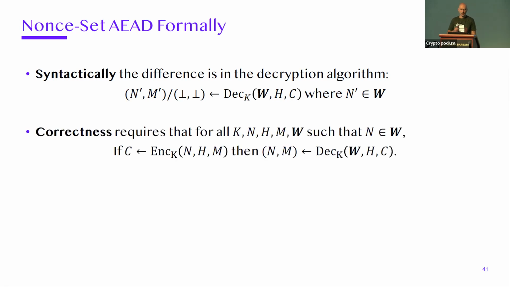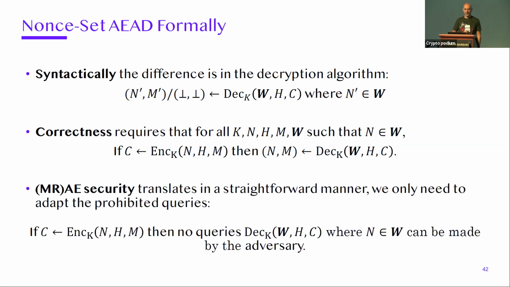Then we need to adapt correctness as follows. So correctness now guarantees that whenever this nonset includes the nonce that was used to produce the ciphertext, decryption must recover the original message and the original nonce. And in terms of security, security can be translated in a straightforward manner.